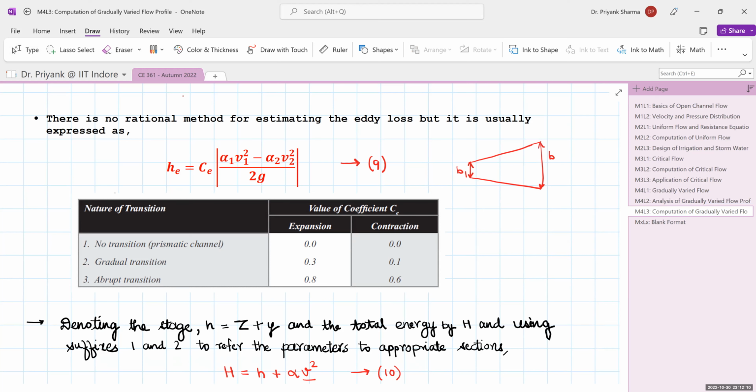The change in the width is very gradual, and that is why the coefficient values are less. This is an expansion, and the opposite of this can be a contraction. Now if there is an abrupt transition, it can be something like this. This is an abrupt one. So this is your B1 and this is your B2.